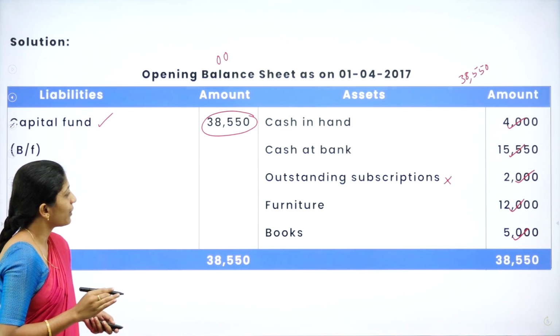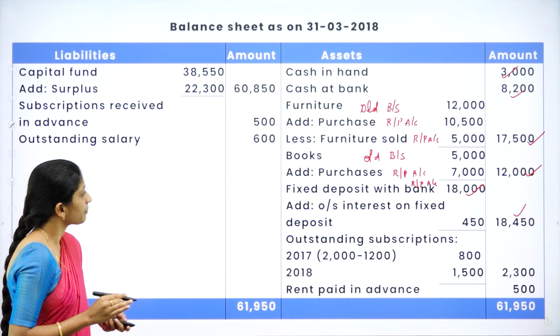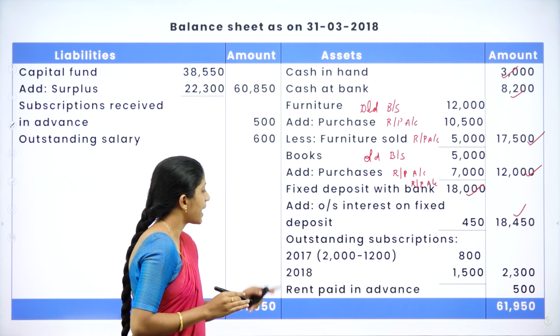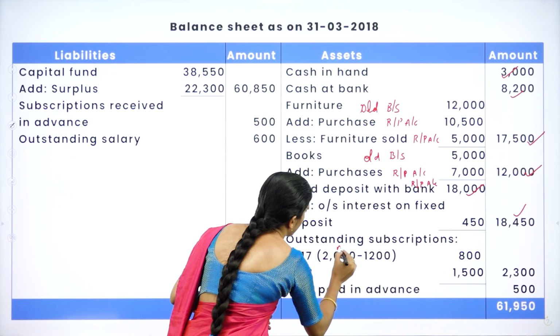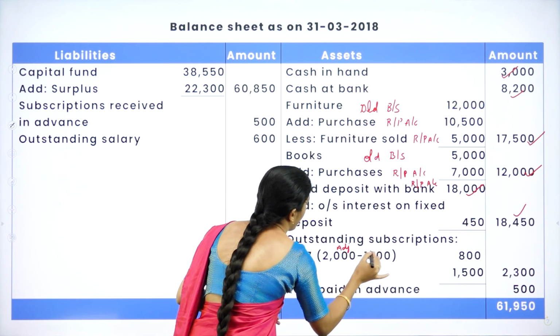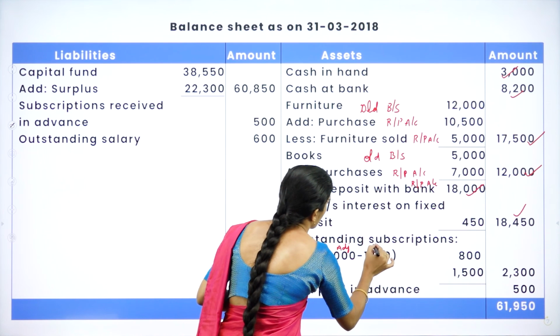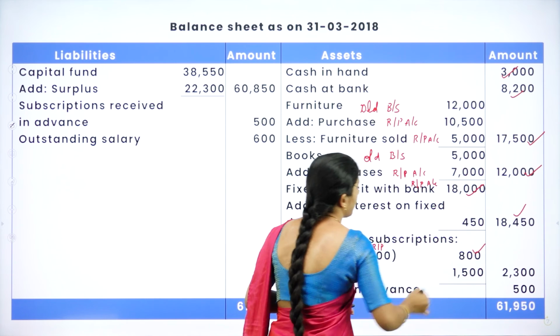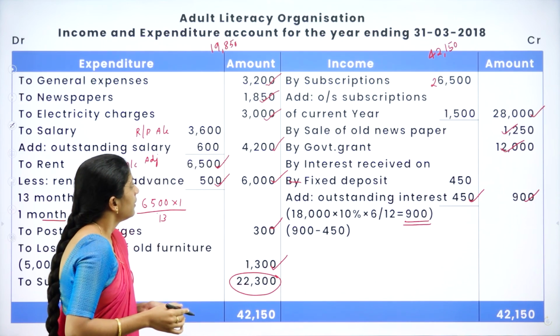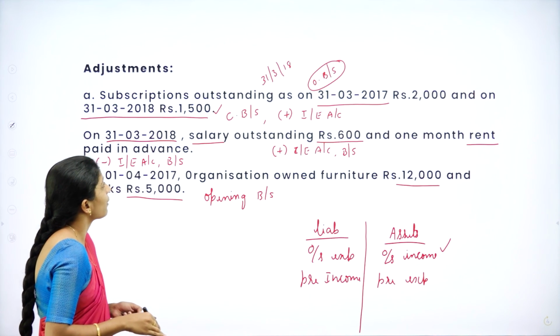So let's see how we have recorded. That is outstanding subscription 2017, 2,000 which is given in the adjustments, minus 1,200 which is given in receipt and payment account. So we will get 800. Clear?